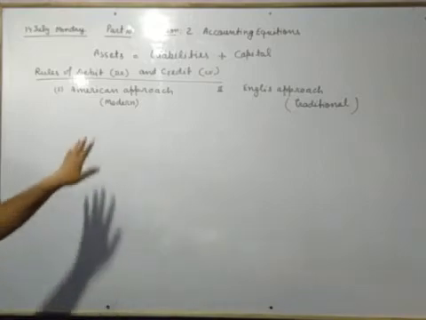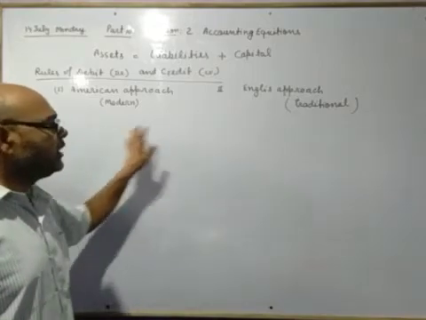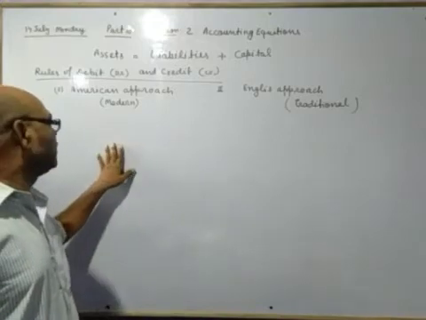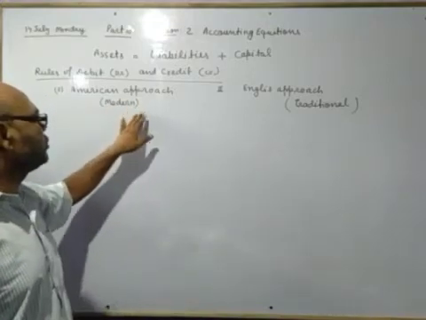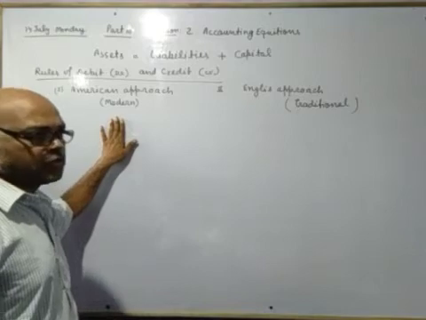There are two approaches for making the debit and credit. First is the American approach or modern approach.